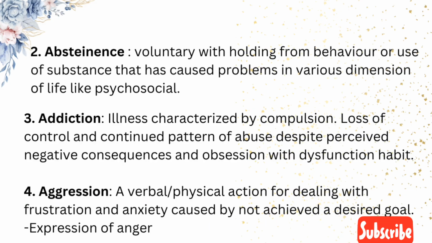It is very common and you see in your daily life a person get furious or very disturbed, or can even go into depression in serious cases, when the goal which he or she has set has not been achieved. So aggression is the physical or verbal action which a person uses for dealing with his or her anxiety when the person did not achieve his goal.